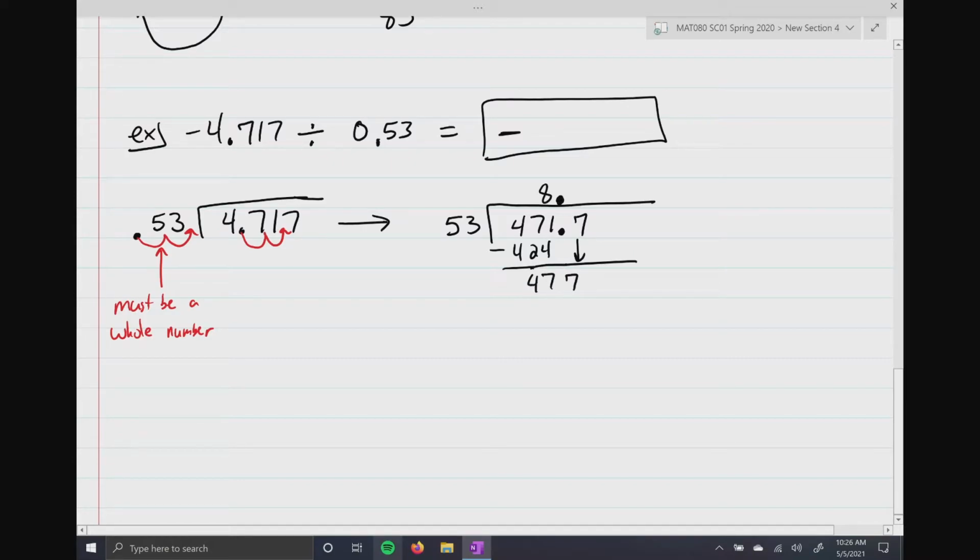And I drop down the 7. Okay? Now I ask myself, how many times does 53 go into 477? So I've got to do this again. So let's see here. I think it's going to be 8 again. So 7 minus 4 is 3. 7 minus 2 is 5. 4 minus 4 is 0.